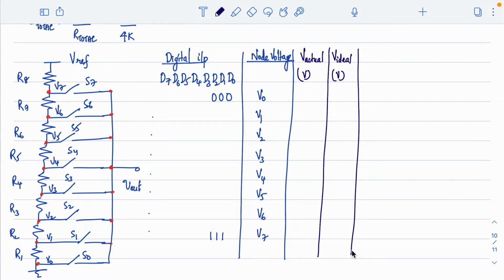From the actual and ideal output voltages we can find INL. Then if we get the ideal step height and actual step height, we can find DNL as well. Alright, so I hope you guys are with me, listening and understanding what I am trying to do here. If yes, can I get some response in the chat?